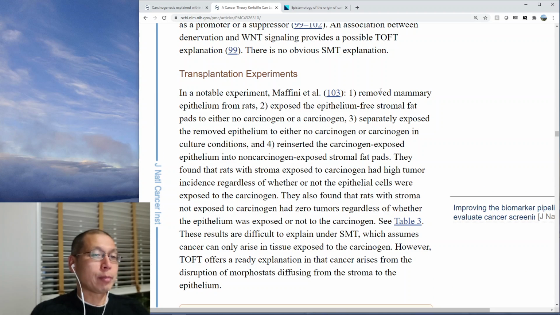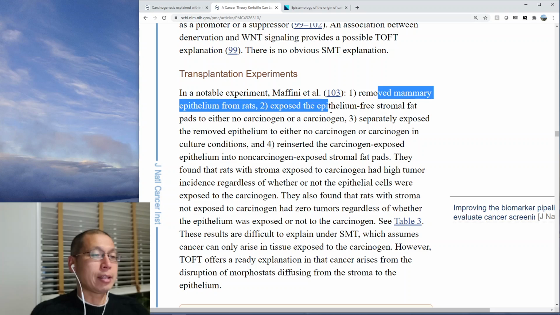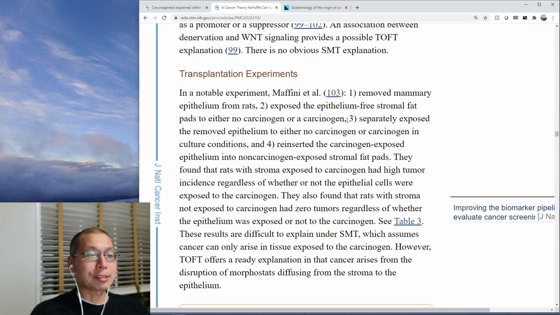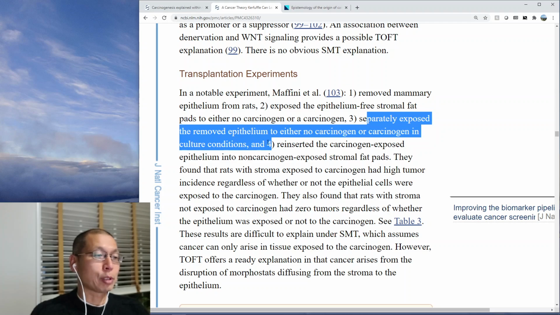So they removed the mammary epithelium from the rats, then they exposed the epithelium-free stromal fat pad to carcinogen or no carcinogen. Okay, so breast cancer comes from the epithelium, the lining of the glandular tissue of the breast, and so they removed that and they just had the fat pad. Then they separately exposed the epithelium to either carcinogen or non-carcinogen.